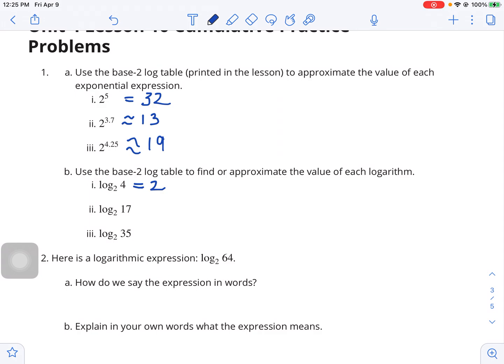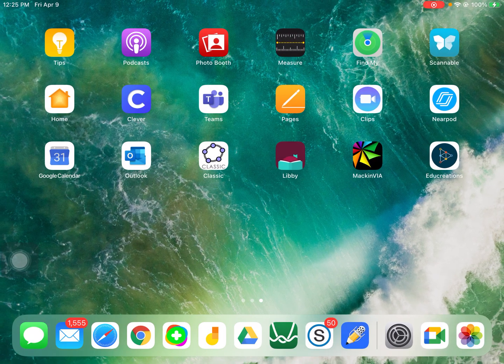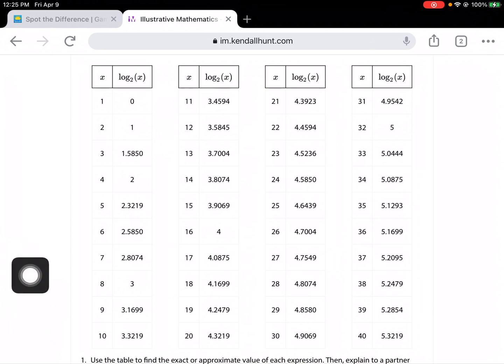Log base 2 of 17. So now we're looking at what power of 2 will give us 17. It looks like we can raise 2 to the 4.08 or 4.09 or 4.0875 to get 17.